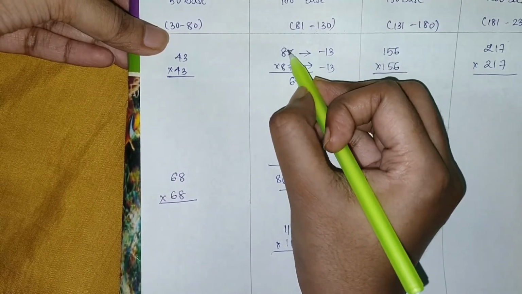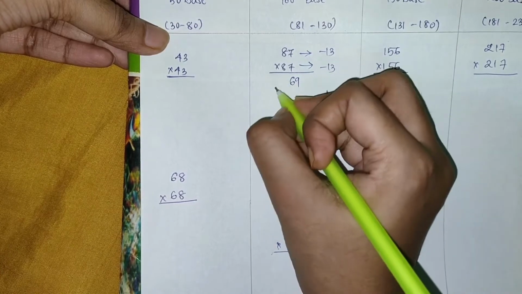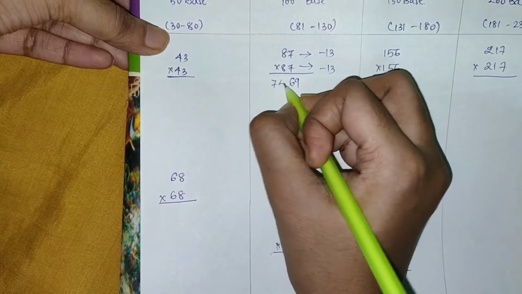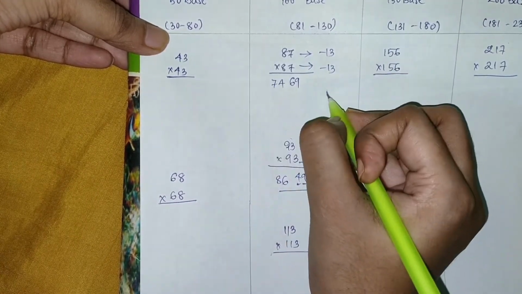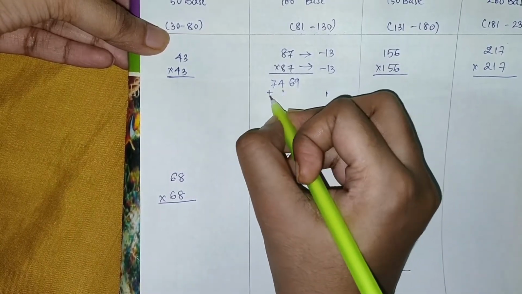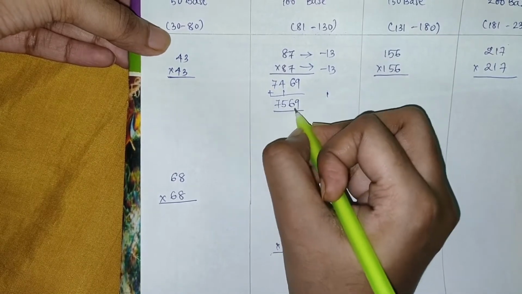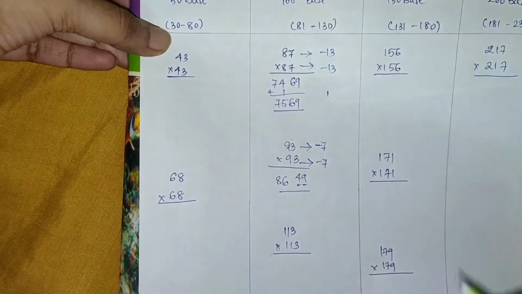Our next step will be 87 minus 13, and that is 74. Now we will consider the carry, that is 74 plus 1, so that will be 75, 69. So this is our resultant square of 87.